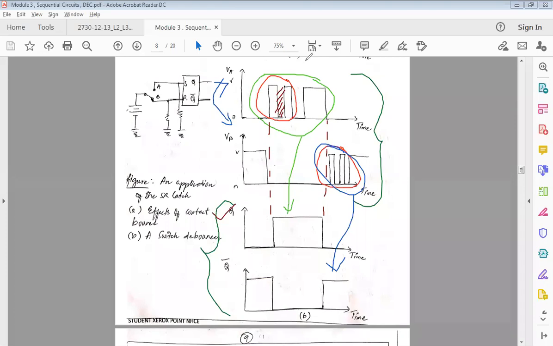Whenever Q is 0, I have Q bar as 1. Whenever I have Q as 1, I have Q bar as 0. So this is how you should be able to conclude that because of your SR latch, we are not able to see these kind of irregularities, these kind of bounces. Instead, I am able to see normal pulses without short pulses.